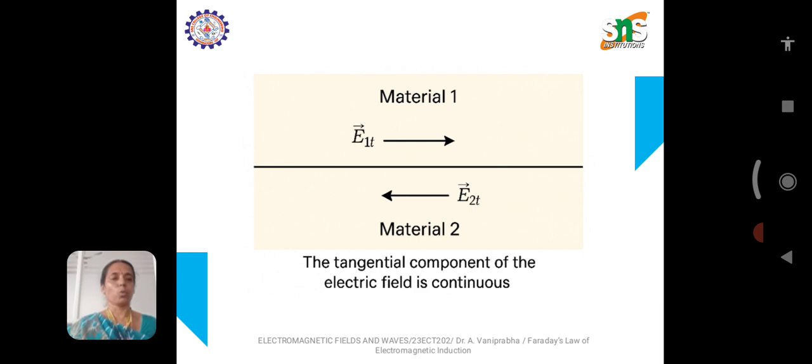See here, one table is made of wood, and for region 2, a glass table is placed quite adjacent to that table. If a glass of water is made to flow over the table, it flows continuously without any jumps. So this is a simple example to help you understand that the tangential component of the electric field is continuous.